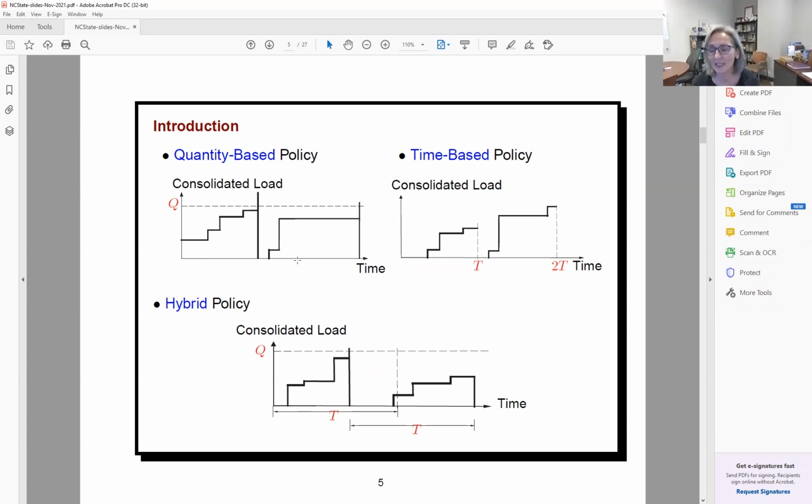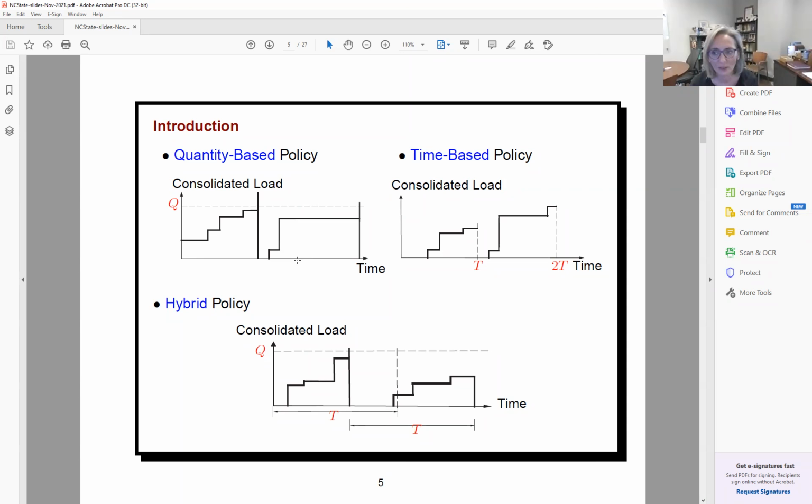Whatever the target is, under a quantity-based policy, you have a quantity threshold. In most practical applications, demands arrive according to a stochastic process. So the times between demand arrivals are stochastic.